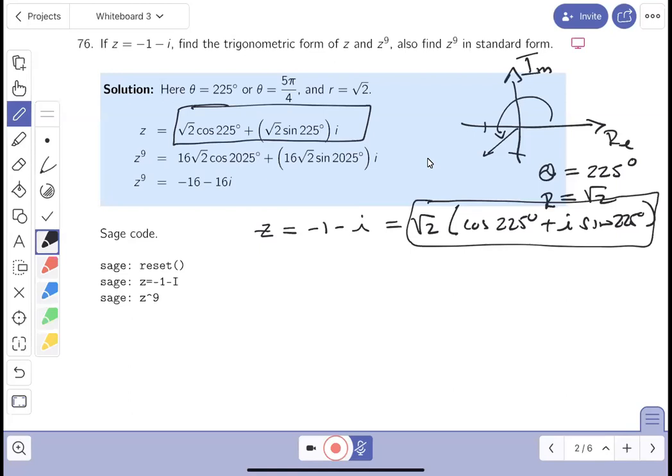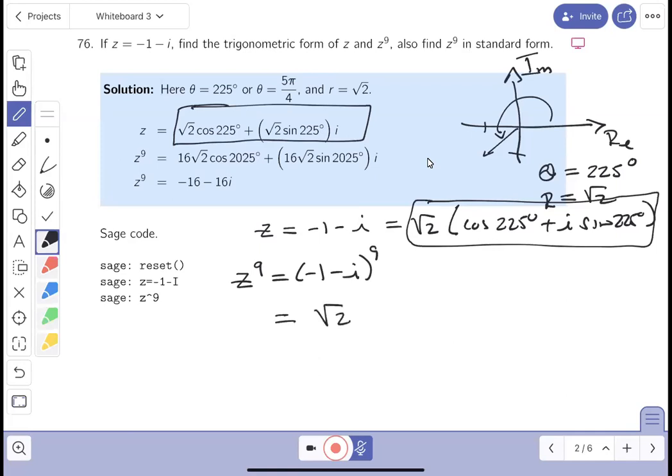Now they want z to the 9th. What does that mean? Minus 1 minus i to the 9th power. And by the way, you know the binomial theorem, you could expand it. It'd be a nightmare, though. I want to use that theorem I know about. And let's write that down.